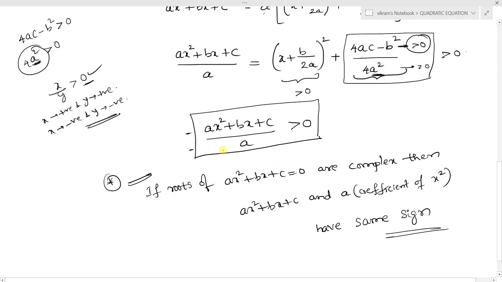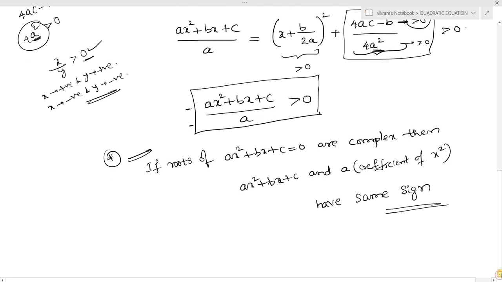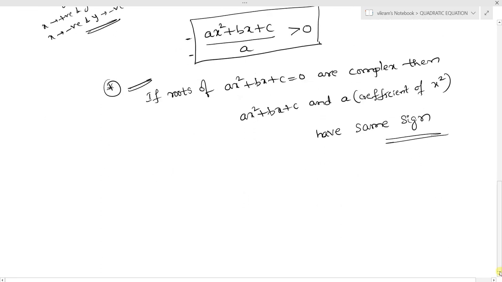Next we will consider case 2. Case 2 is if the roots are real and equal.